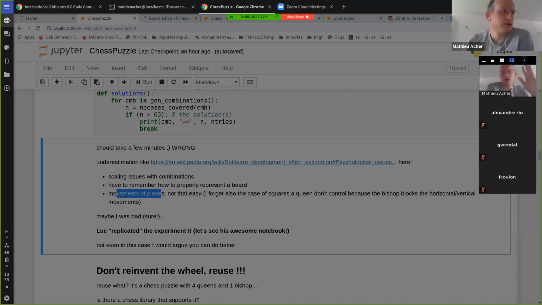So it's a subtle case, but that's a total bug that I forgot, and I had to iterate. So something like 3 or 4 hours. And for me, it was a bit strange to take so much time to do that.